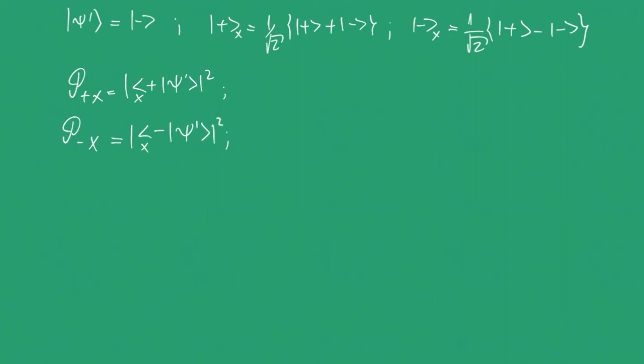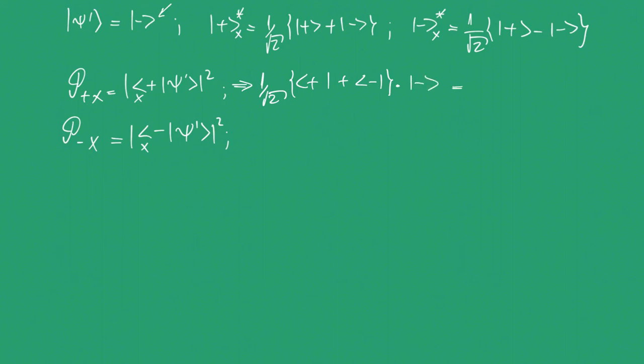We take the complex conjugate of these kets, and then we have the respective bras, of course, and I'll do it directly here. So we have 1 over square root of 2 for this probability, bra plus, bra minus, that multiplies ket psi prime, but ket psi prime is equal to ket minus.